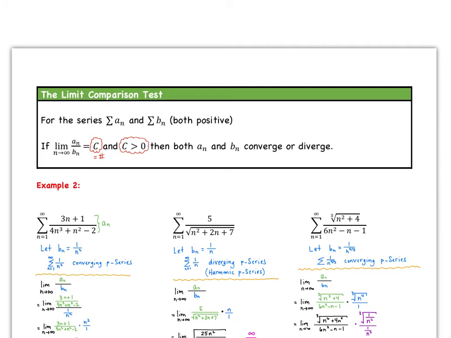What the limit comparison test says is, if I take the limit as n goes to infinity of a sub n over b sub n, and I get some number c, where c is greater than 0, then both a sub n and b sub n converge or diverge together. We typically compare it to b sub n. So we're going to compare it to a series that's either going to converge or diverge, and then the limit comparison test will let us make our final conclusion.